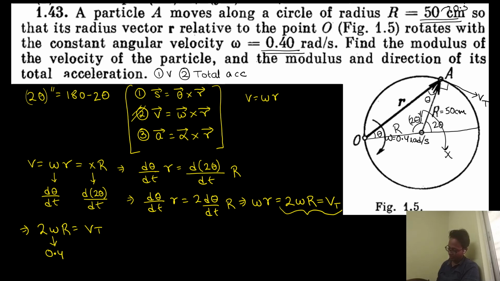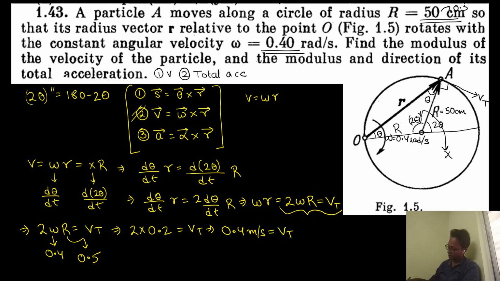It's better to use SI units. So 2 into 0.5 into 0.4 is 0.4, so Vt is equal to 0.4 meter per second, the tangential velocity.